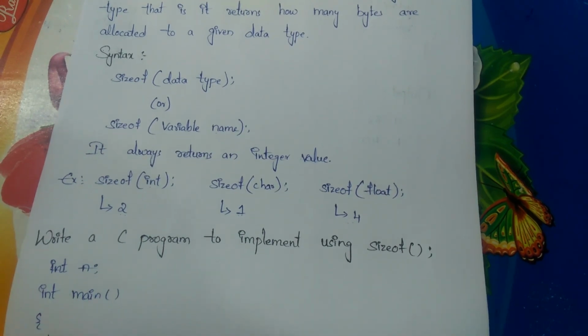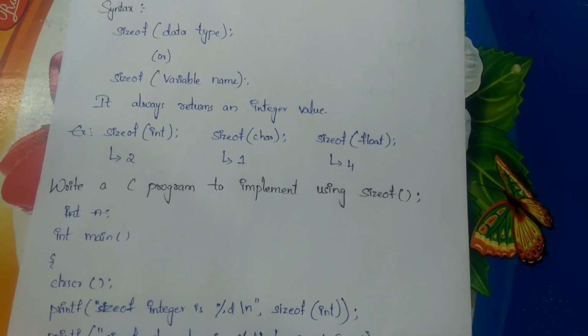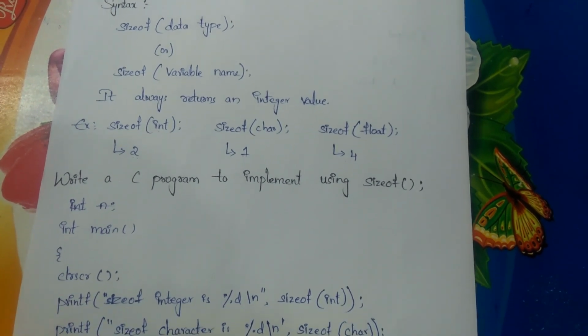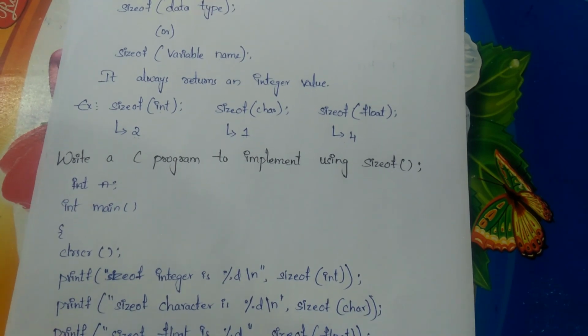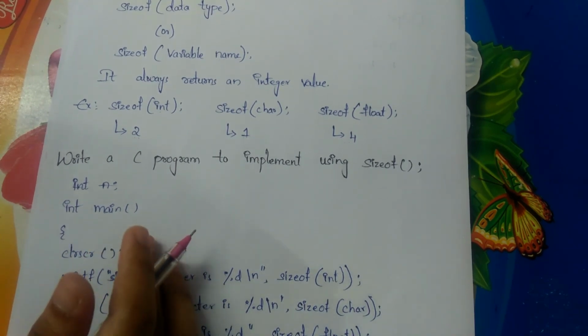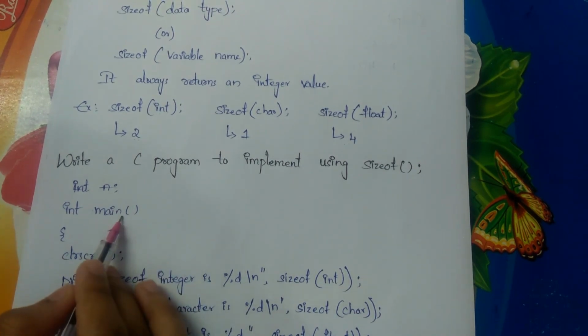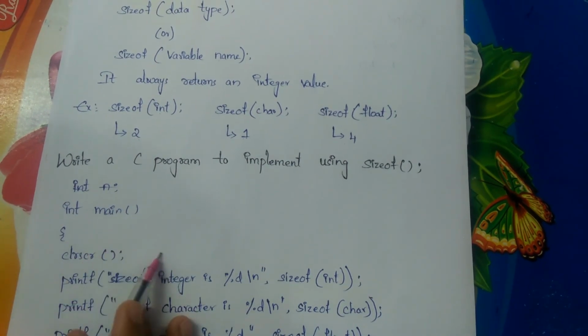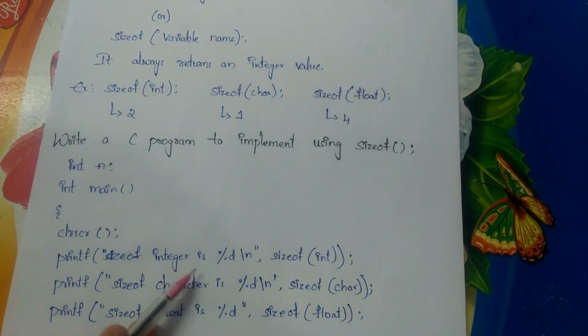Now this is about sizeof. Now let's implement sizeof using a C program. First I have to include the header files stdio.h and conio.h. Then it starts from the main function and opens the block. Now within the block I am writing some printf statements.